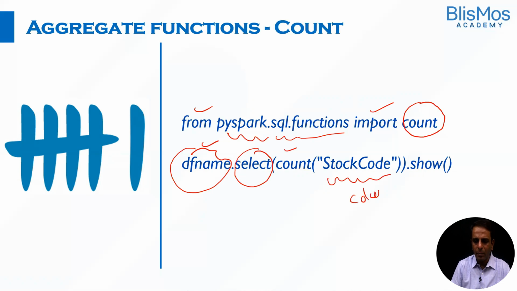This is only one column. We are counting on only one column. Or if you want to count all the columns in a data frame, it is very simple: df name dot count star. It is as simple as that.